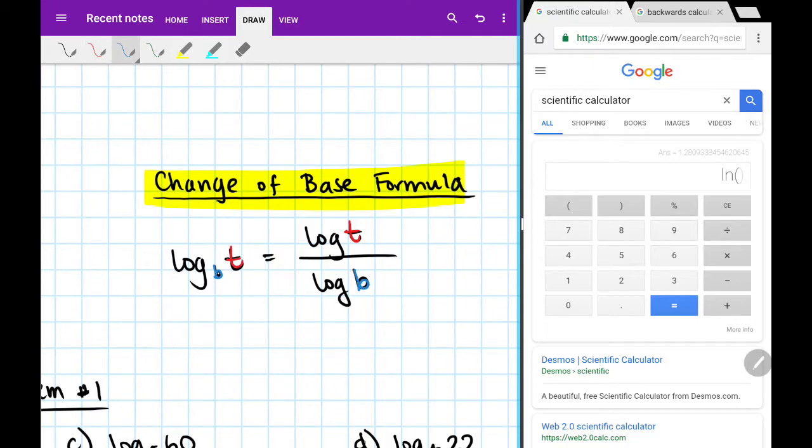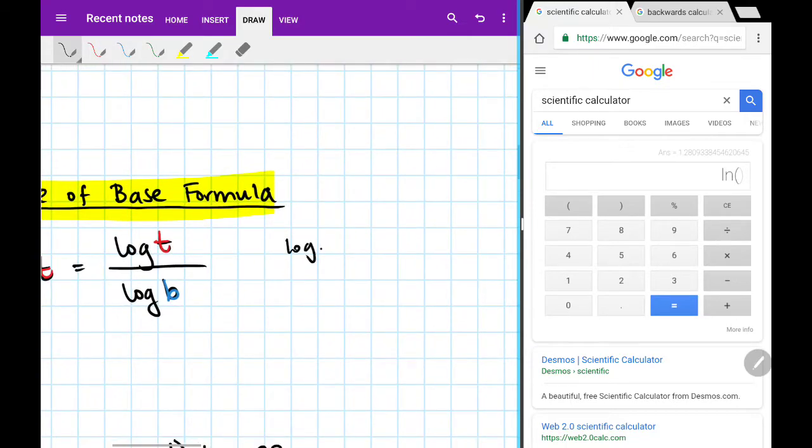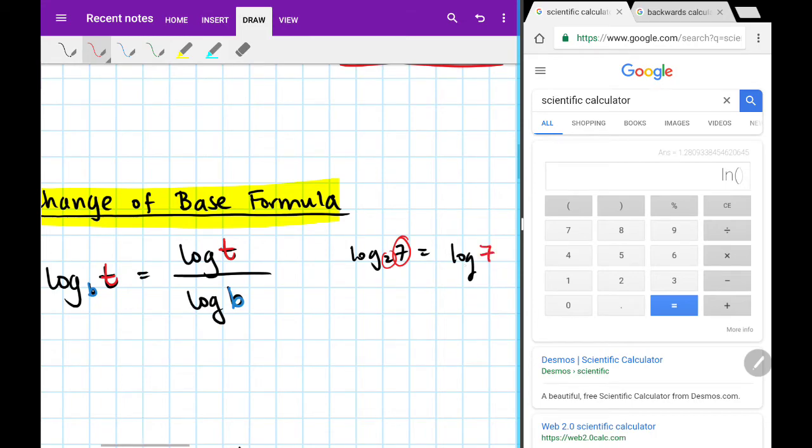So looking at our previous problem where we had log base 2 of 7, we would rewrite that using the change of base formula as log of, which one goes on top again? The big number or the base? The big number. So log of 7, and then divided by, remember, base to the bottom. B stands for base. B also stands for bottom. You can't mess that one up. So log of 2 down in the denominator.